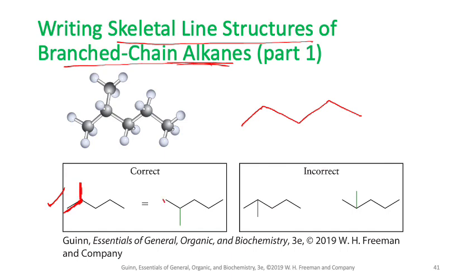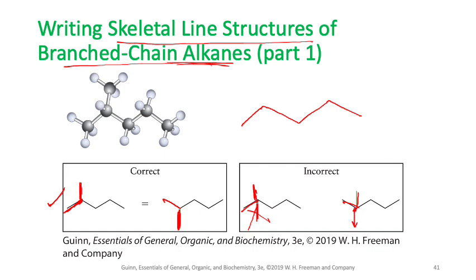If you start with a downward trend to make a line structure, then the branch will go downward. If you go in an upward trend and you have to make a branch, you cannot go down. This is the wrong structure. You should go up. And if you're going down, you cannot make a branch up on the carbon. You go down.